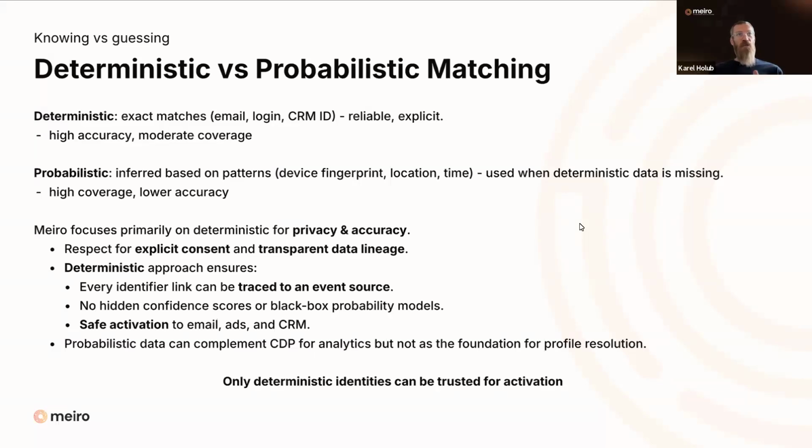The deterministic approach, as I said, helps you make sure that you have complete traceability of every data event that is attributed to the profile. So you can always go back in time and see where that data piece for the profile comes from, when it was acquired, and from which data source. So the deterministic model gives us extra safety for activations, and it could be used for personalized communication.